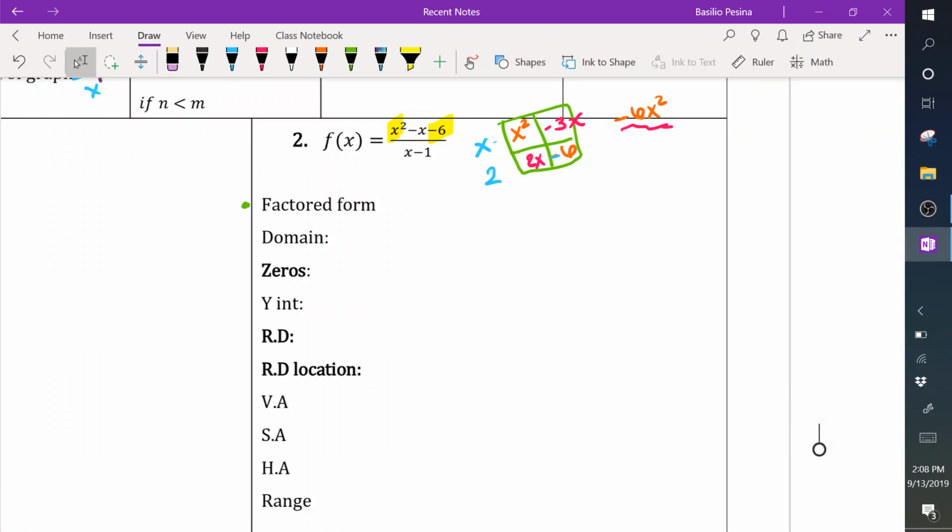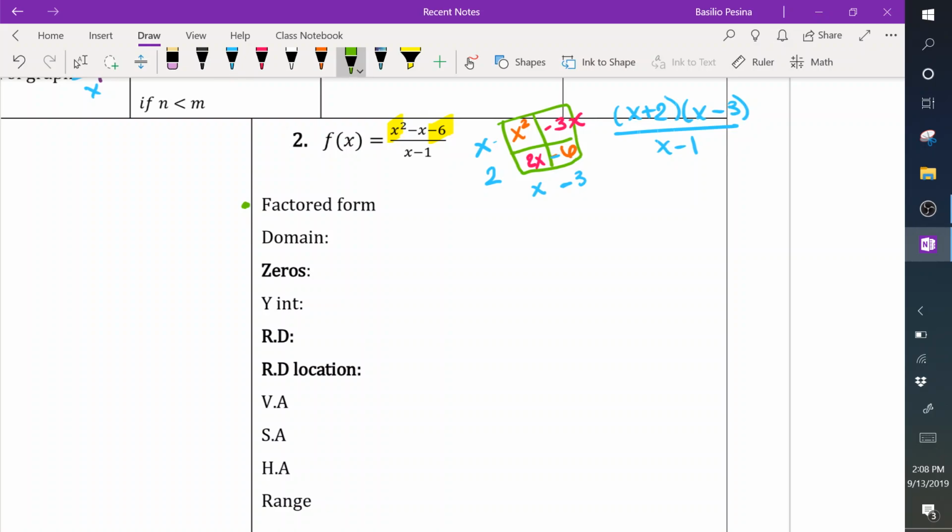Vertically right here, they both have a common x, and right here, notice how both of them are negative, so this is going to be a negative something. They have a 3 and a 6. Those are divisible by 3, so I'm going to factor out a 3. So what I have so far should be x plus 2 because it's positive, and x minus 3 because it's negative, divided by x minus 1.